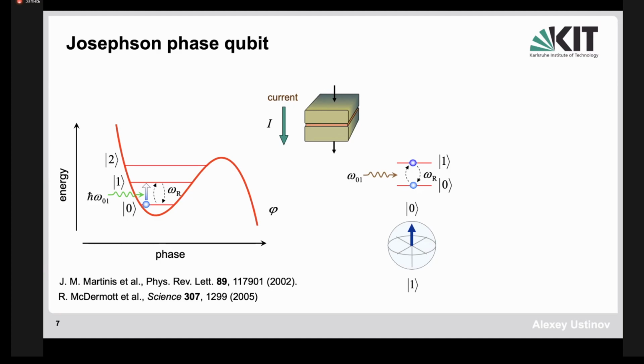And this frequency of evolution depends on the amplitude of that radiation. These oscillations are called Rabi oscillations, which you know from atomic physics. And these Rabi oscillations bring the system into a superposition of 2 states which are coupled by this radiation. Basically, what he was doing here was applying microwave pulses at the frequency between 0 and 1, in a very similar way like people do with atoms, which we talked about in the first part of our course.